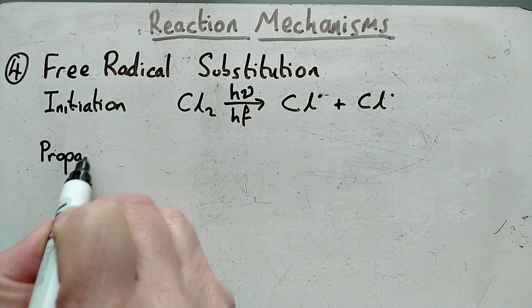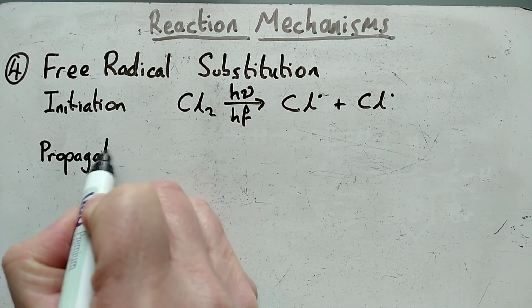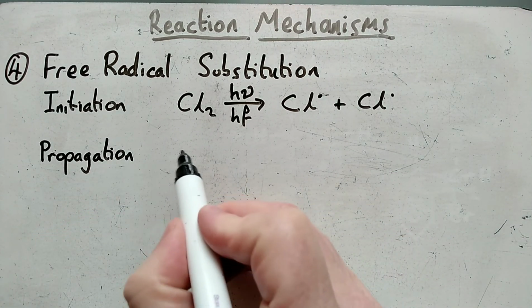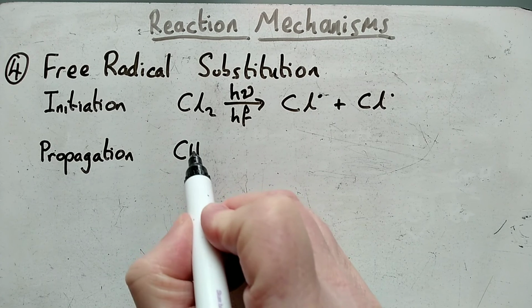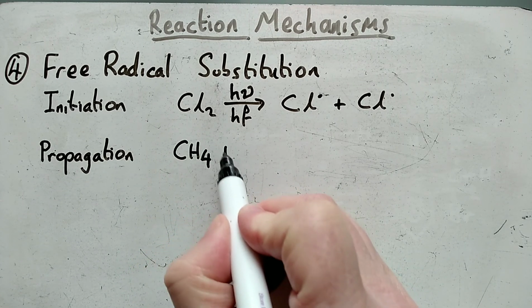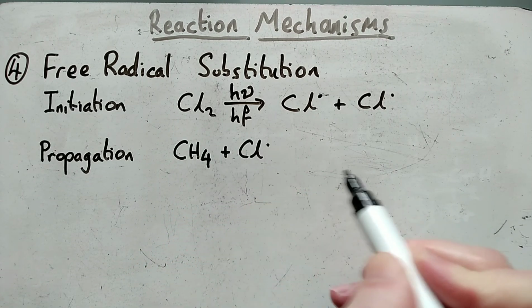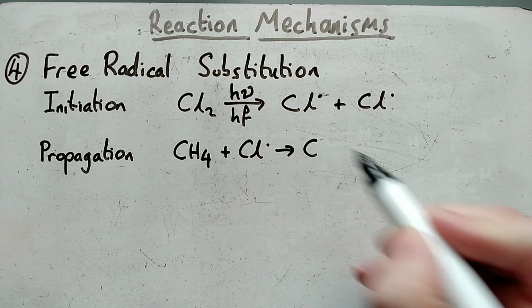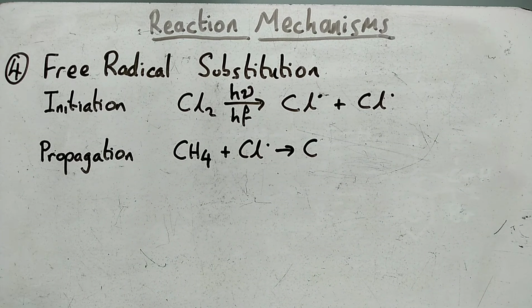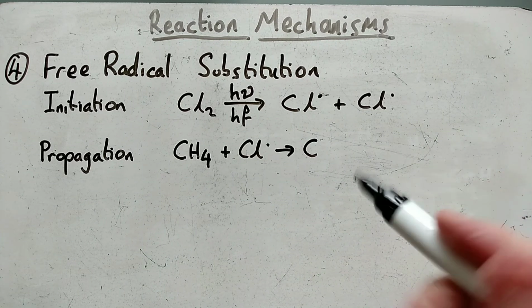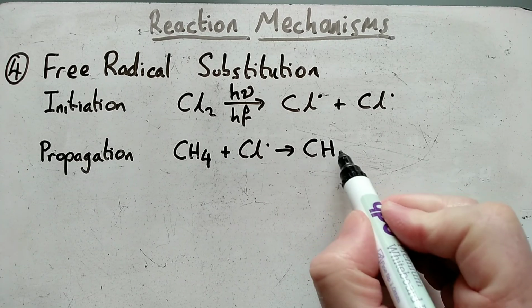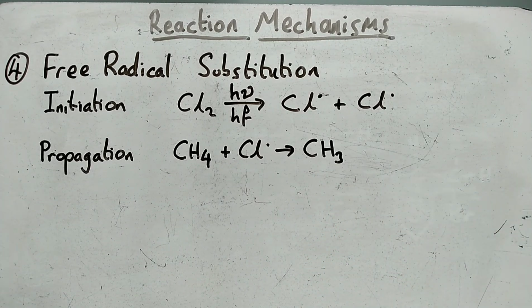These are the steps which carry on the reaction. So in this case, I'll react it with methane for simplicity's sake. So this time a CH4 will react with a Cl dot, a chlorine free radical, and that will give us, now it's easy to just sort of say an H comes off and a Cl goes on, but we have to do it step by step. So that gives us a CH3 free radical.